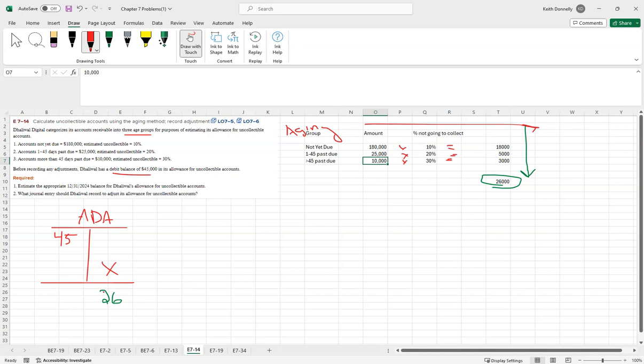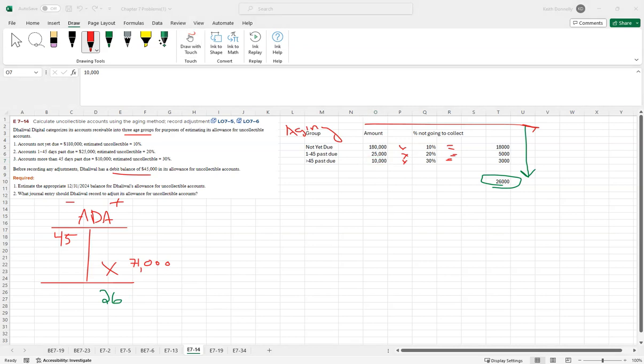When you run the numbers to get it to work, and remember, this is a contra account, so it's going to be plus minus for the positive numbers. That X ends up becoming 71,000. Like 45 minus 71 will get you to the 26.